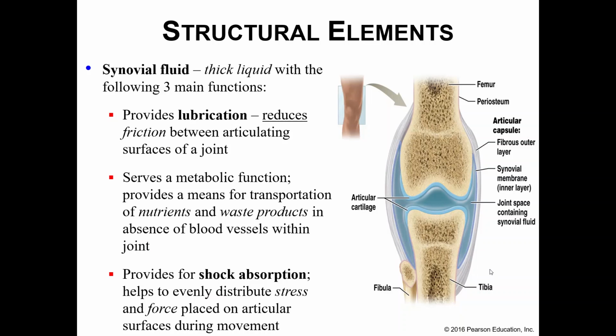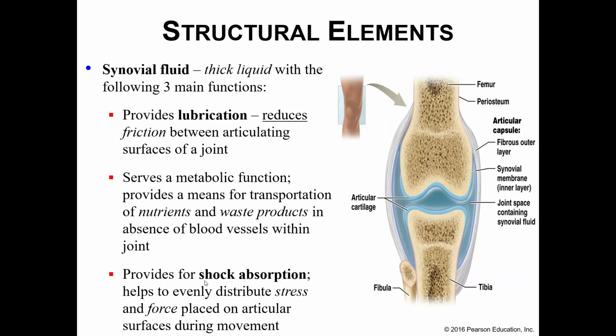Now we keep mentioning that synovial fluid. We do have a couple of functions here. The first one is lubrication. We don't want friction between these two long bones. That's how you get arthritis, and we're trying to avoid that. But in addition to reducing the friction, we also have a metabolic function here as well. We can transport nutrients and wastes through this fluid itself, since remember, articular cartilage does not have vasculature itself, but we can get nutrients and wastes in and out through the fluid itself from the bones and then the surrounding tissues.